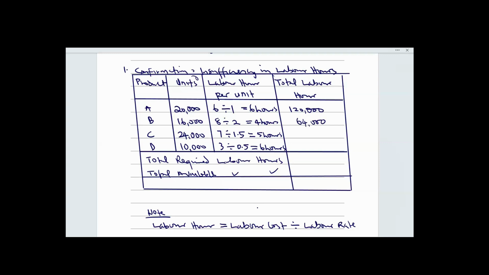So 24,000 multiplied by 5, that should be 120,000. 10,000 multiplied by 6 will give us 60,000. Okay. Then we add up everything. This will give us 364,000.